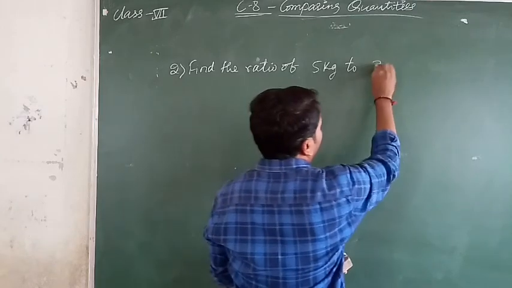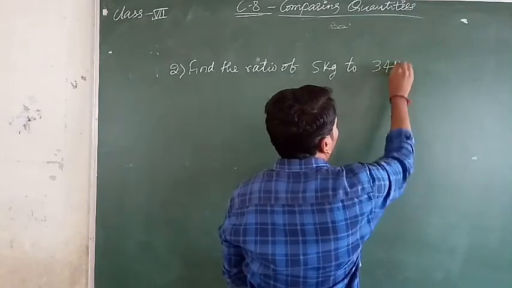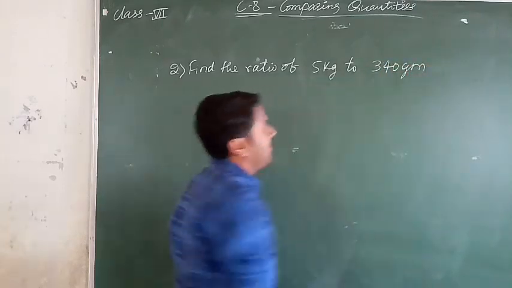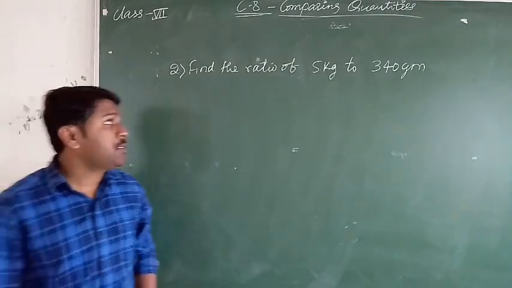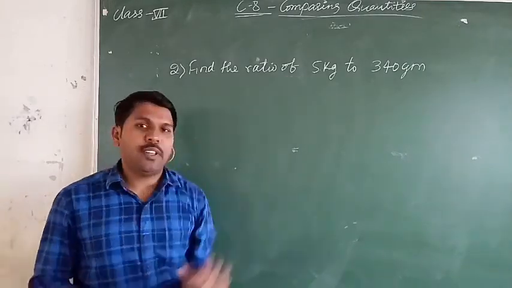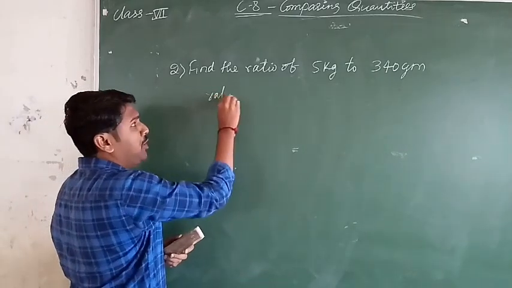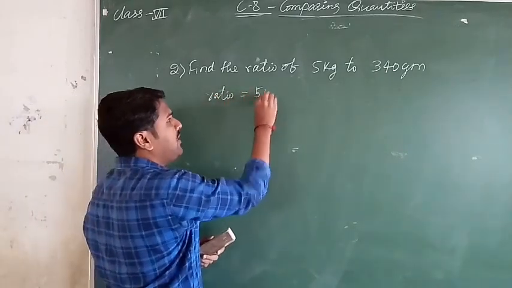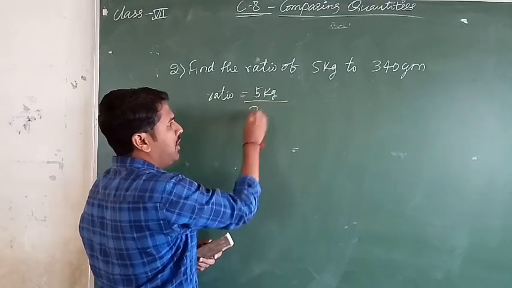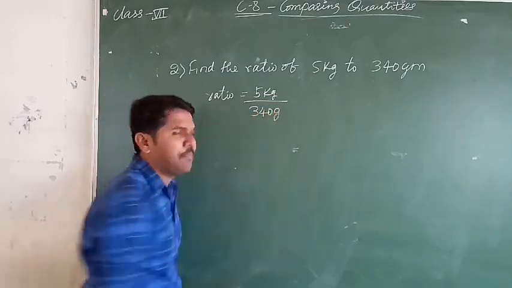Now 5 kg and 340 gram. Here you have to find out the ratio. So what is that ratio? Ratio equals to 5 kg to 340 gram.